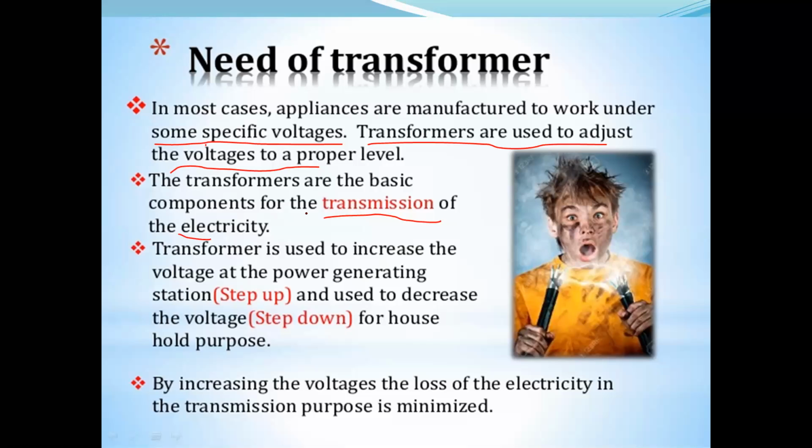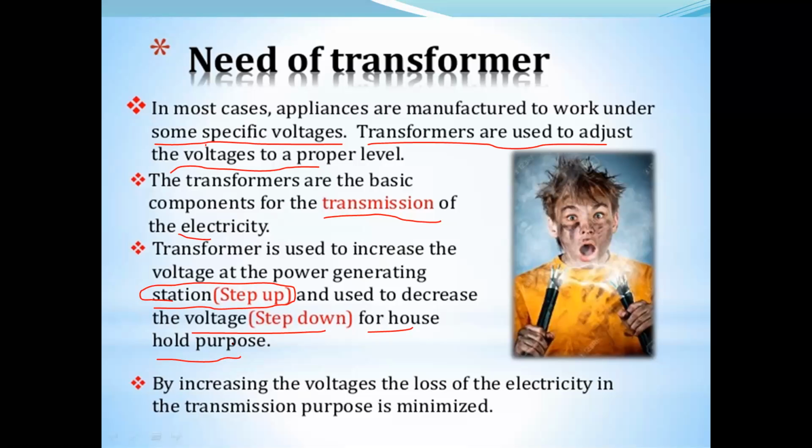A transformer is used to increase the voltage at power generating stations. The voltage levels are increased with the help of transformers, which is called a step up transformer. A step down transformer is used to decrease the voltage for household, that is utilization, purposes.